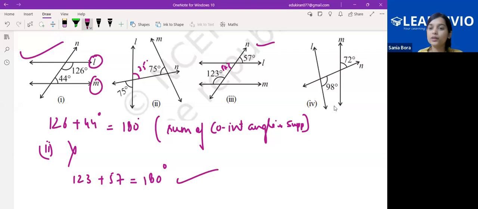Now the last one, this one will be 72. So 98 plus 72. Ma'am, it's not a parallel line because it gives 170. So it is not parallel.